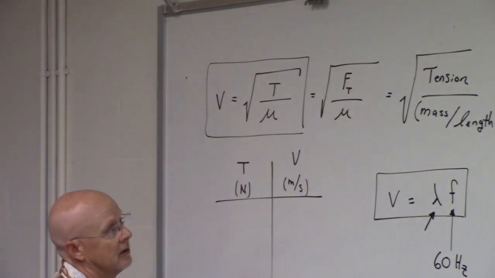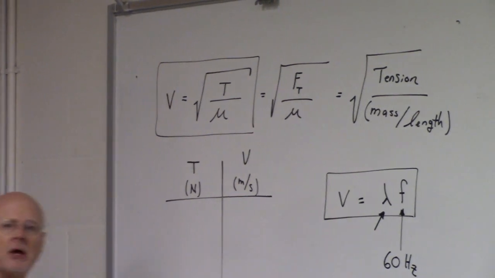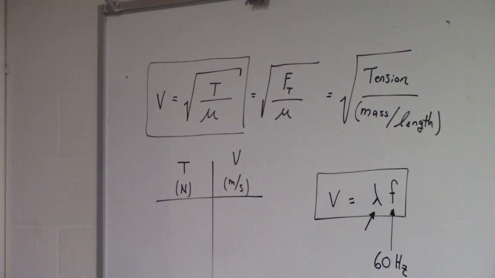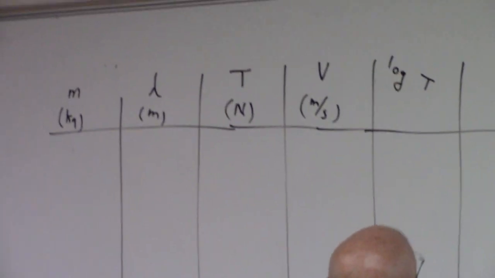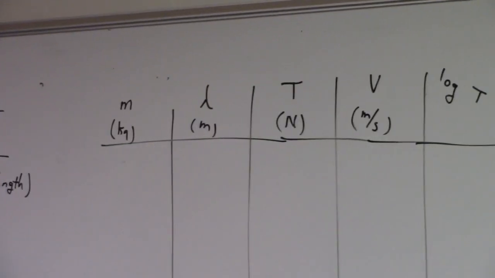This is it. But your author says, if we didn't know it, do you remember that discussion about taking the log of each side? So you are going to be asked to plot the log of the tension and the log of the velocity.